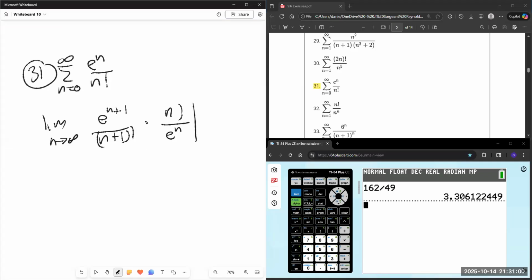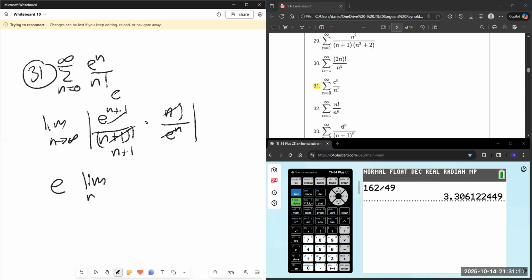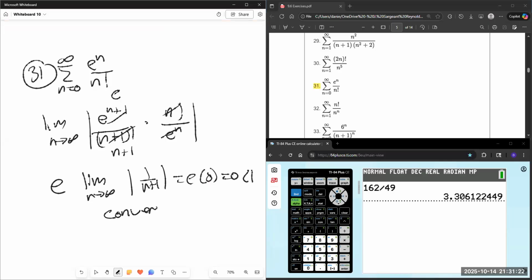Put this in absolute value bars. This will become e. This will become n plus 1. So this is e times the limit as n goes to infinity of 1 over n plus 1, which is e times 0, which is 0, which is less than 1. So this converges.